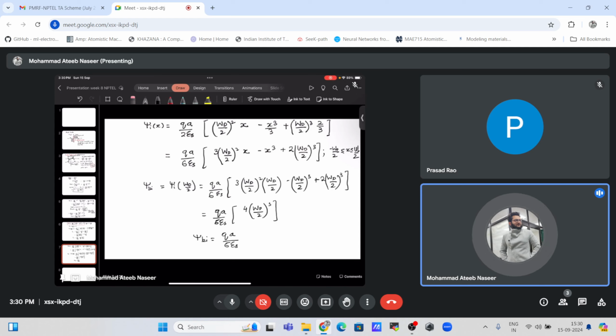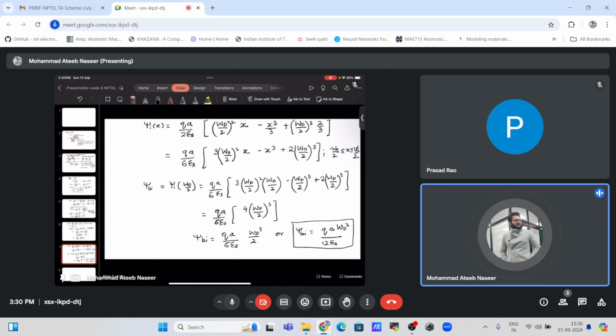This 4 will go with this WD cube by 8, and we will be left with WD cube by 2, or simply phi bi is qA WD cube by 12 times epsilon s.